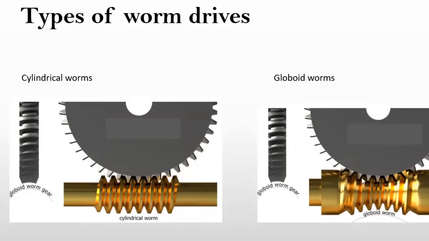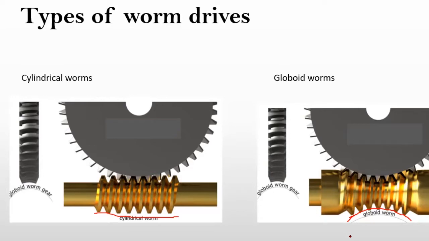Why do we call it globoid? Because you see here is a straight line, this one is a straight line, this one is a straight line. But for a globoid worm, it has some parabolic profile like this. So that's why we call them globoid worms and cylindrical worms.